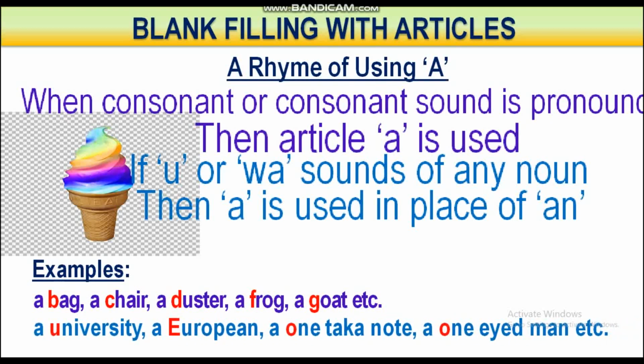For example, a university, a European, a one taka note, a one-eyed man, etc. Here in the examples, dear students, notice that every word starts with a vowel, U, E and O. But their pronunciation is like U or wa.